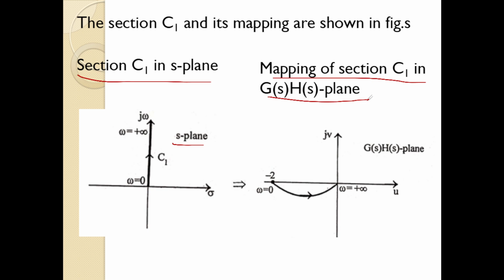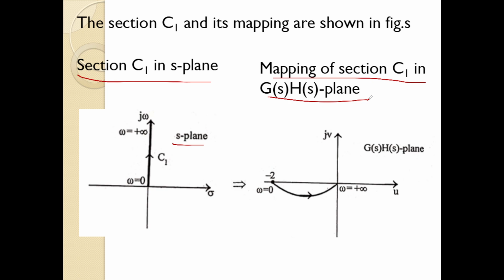Just now, as I have told you, the G of j omega H of j omega locus will start at minus 180 degree axis at a magnitude of minus 2, for omega equal to 0. So the locus will start at minus 180 degree axis and meet the origin.